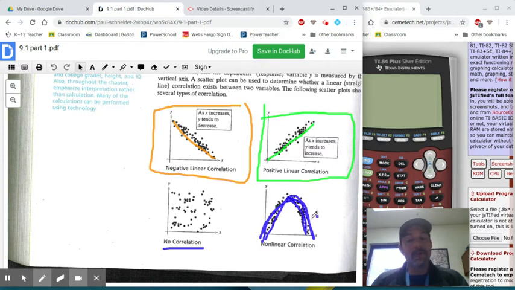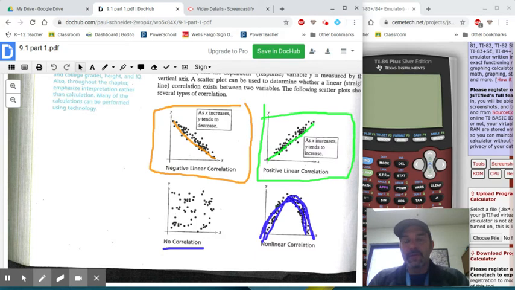That's not something that we are going to get into, especially with us kind of cutting things short. But if you take a stats class in college, or you take past the first year of stats in college, that would be something that you would look at: the relationship between nonlinear correlations, parabolas and such.